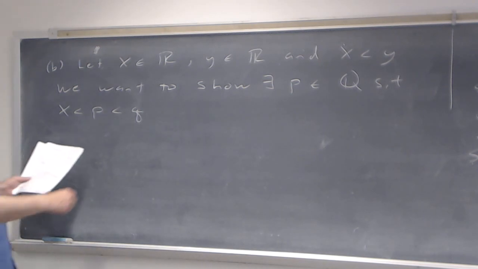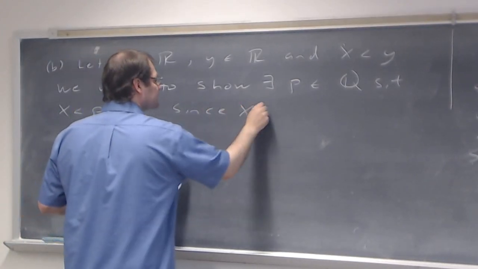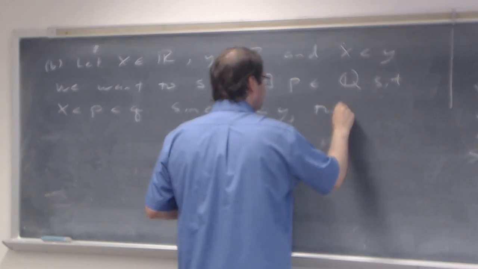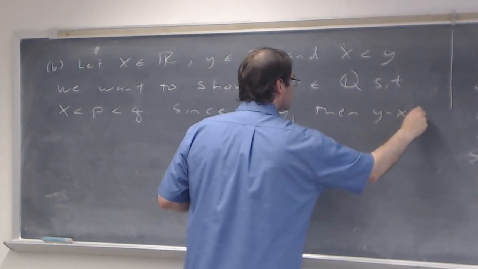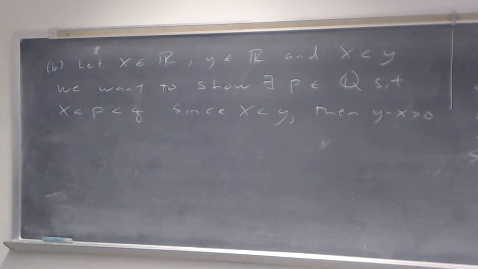Well, here's what we start off with. Since x is less than y, then that says that y minus x is greater than 0. Okay. So that's a positive quantity, y minus x is. And so if you look at the number 1, that's a real number.